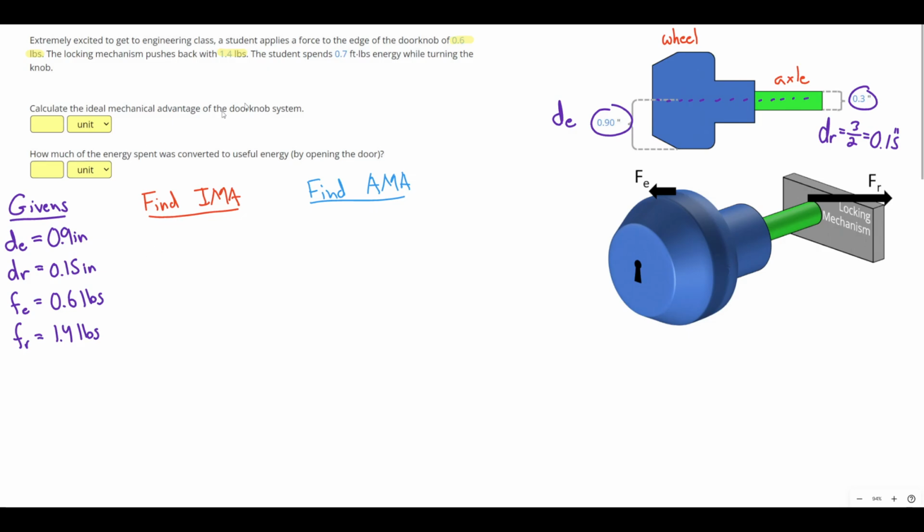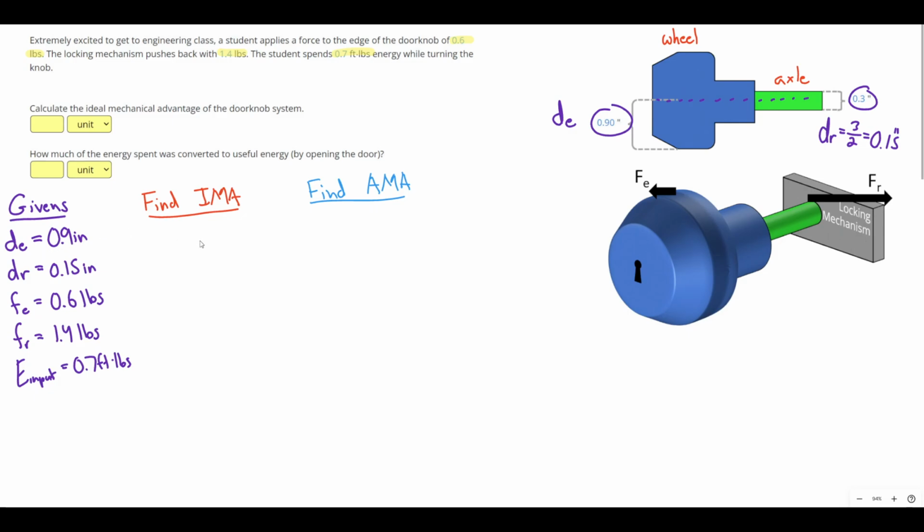And we also had an amount of energy given to us. The student spends 0.7 foot-pounds of energy. That's going to be our energy input. And that's going to be 0.7 foot-pounds.